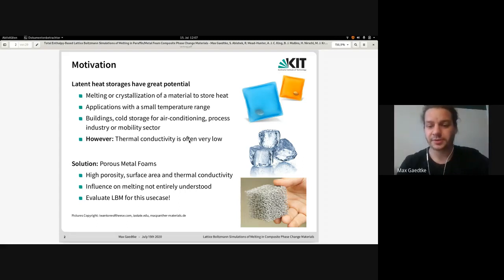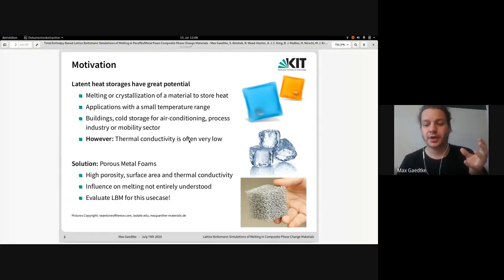We're looking into aluminum, especially because it has a very high thermal conductivity, and these foams can be produced with high porosities, up to 99% porosity, and very, very high surface areas. They're used in chemical reactors for their high surface area.